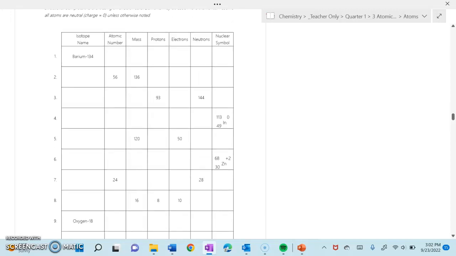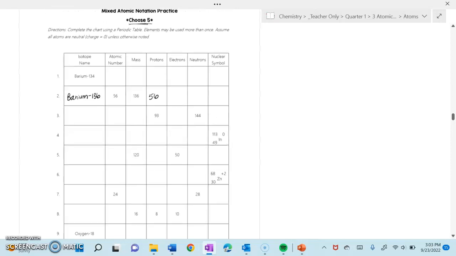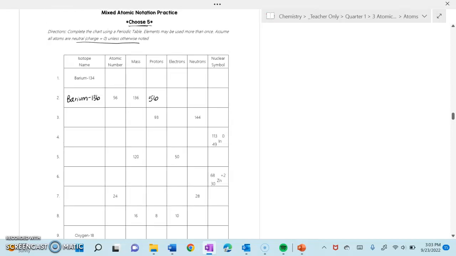Atomic number 56. Now look for 56 and it'll tell you what element it is. Barium. Looks like we have barium again, but looks like this is a different isotope. Mass is 136. So put a dash and write the mass. Remember, mass is protons plus neutrons. Continuing with our information here, we have 56 protons because of its atomic number. It says assume atoms are neutral unless otherwise noted.